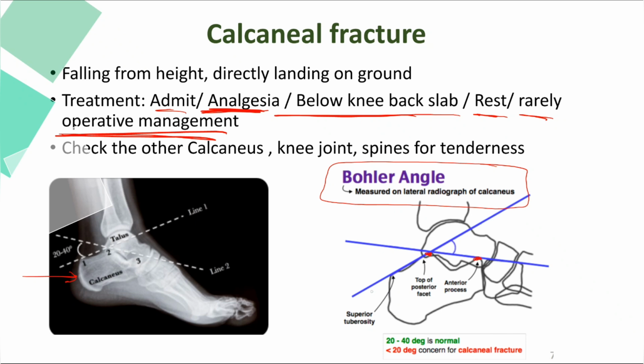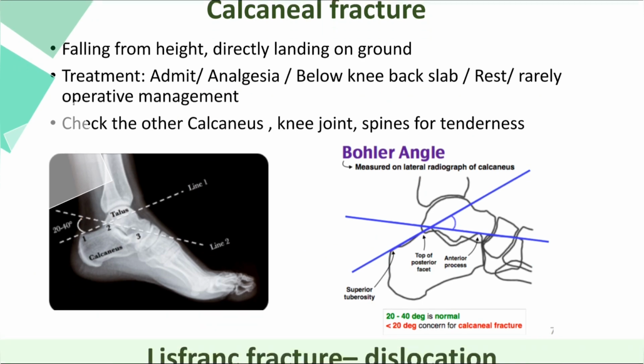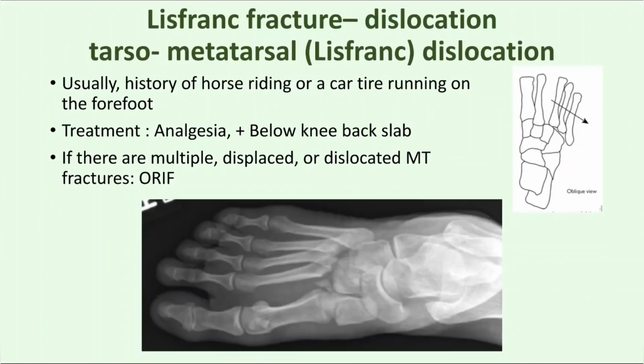The other line passes from the top of the posterior facet to the superior tuberosity. You have to measure this angle. The normal angle is 20 to 40 degrees. If it is less than this, there is concern of calcaneus fracture.